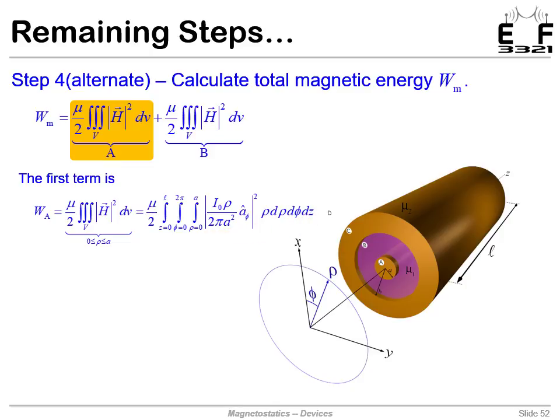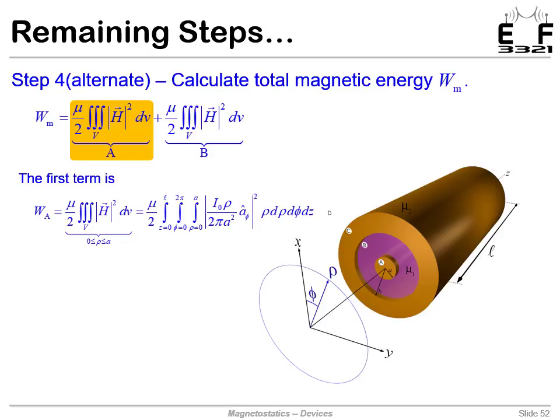And then we need to pick our limits of integration. Well, we're integrating in the inner conductor. We're going from 0 to A in the rho direction, so 0 to A. We're going all the way around in the phi direction, so from 0 to 2 pi. And then we're integrating over the entire length of the coax from 0 to L.